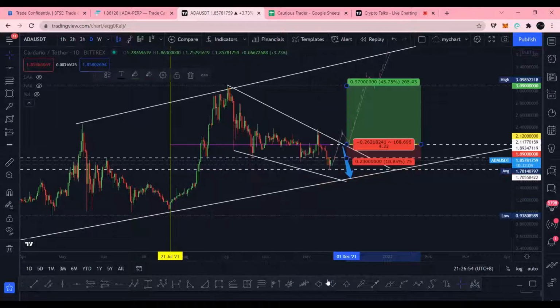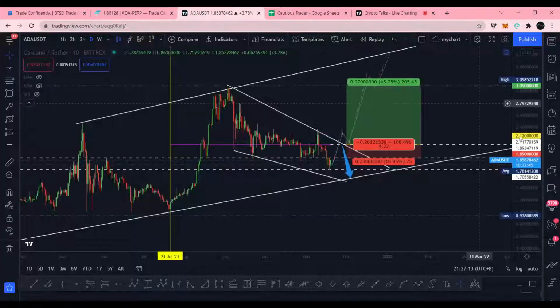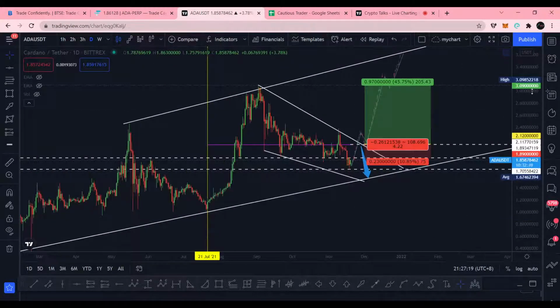So our possible risk reward is 4.22. This is 1.89, and this is 3.09, just a bit below, 1 cent to 3.10, the all-time high. So yeah, I think I'll take that as it is.